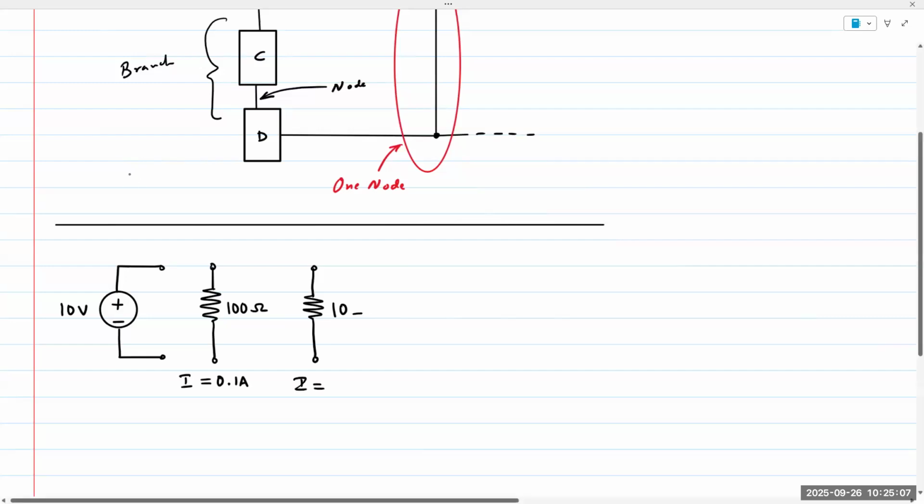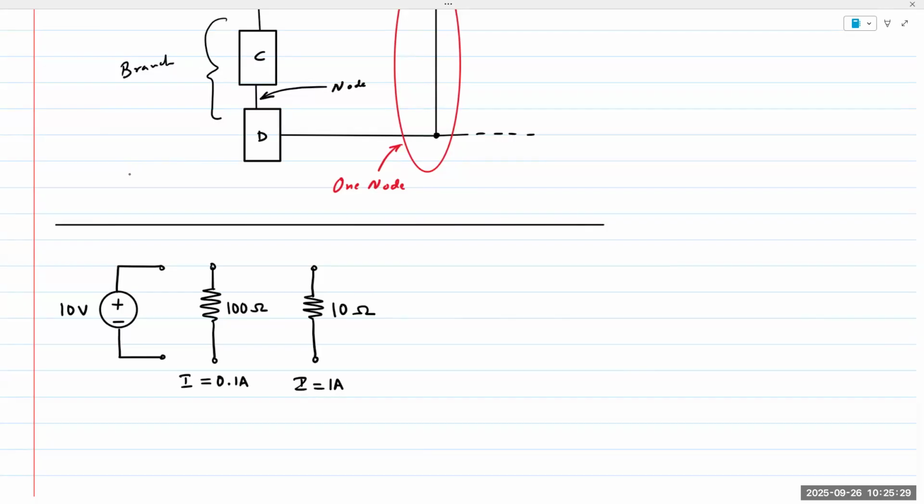1 amp. So what is happening now? The load's requirement has changed. Load is now 10 ohms, but the voltage source is rated to supply 10 volts. So it will supply 10 volts, but it adjusts the output current to match the load's requirement.